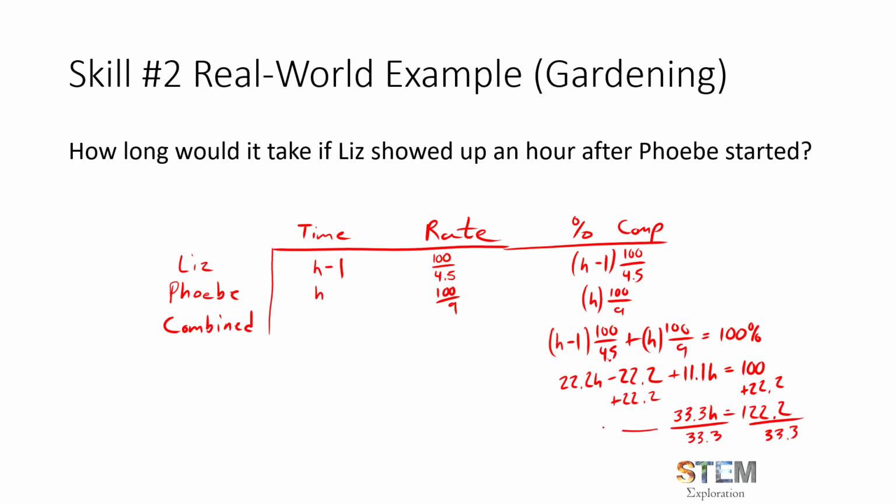And now we can find the amount of time that it took for them to do it if Liz took a break for an hour. And what you'll find in this situation is that this took 3.67 hours, or 3 2/3 hours, with that little bit of a break taken.